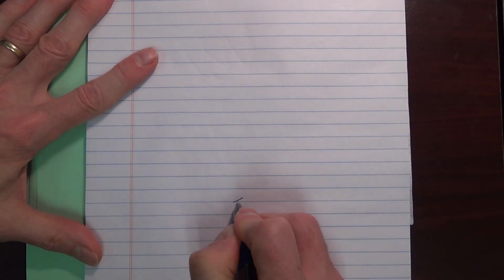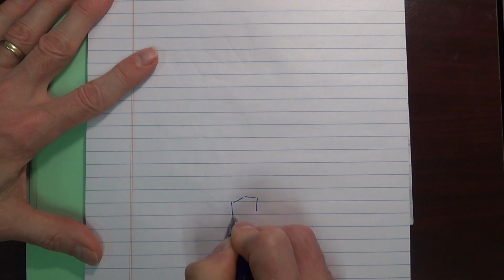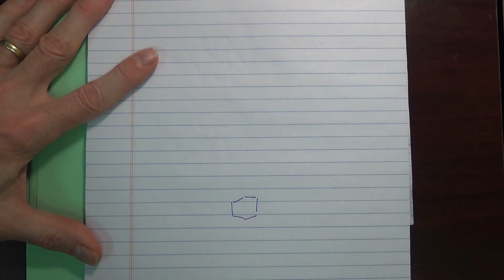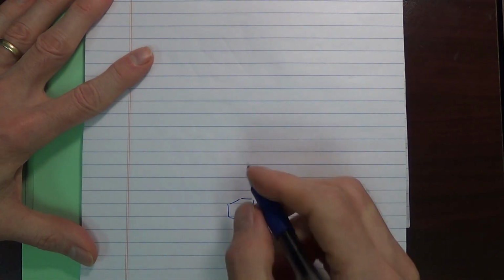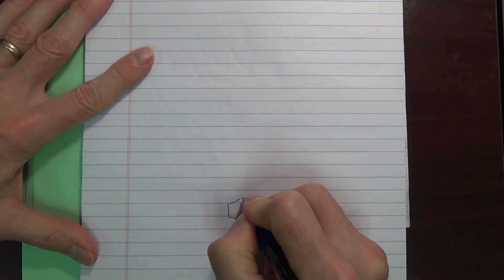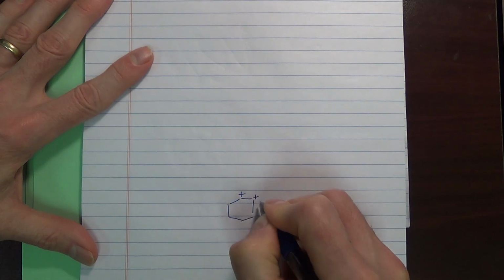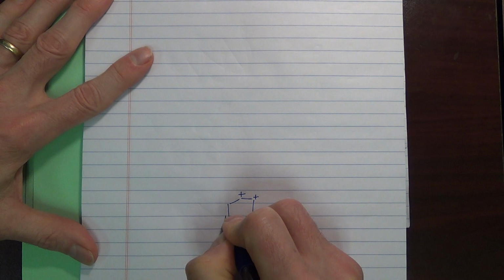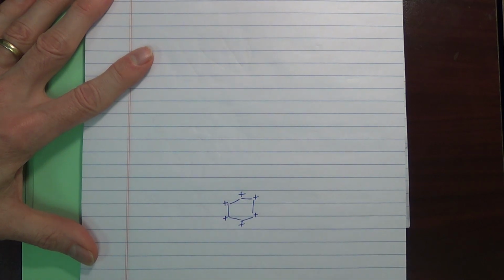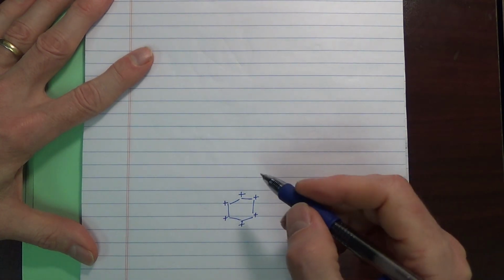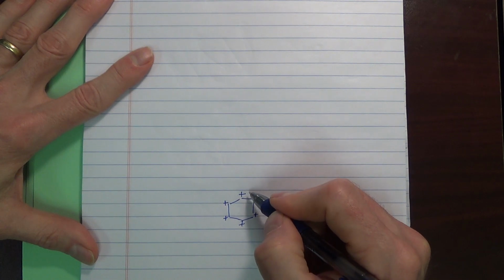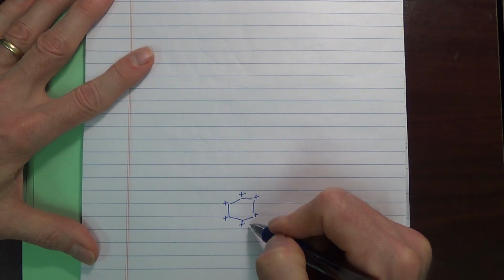I'm not going to draw the p orbitals. We're just going to do the phase. And if we did have p orbitals here, they could interact all in phase, and I'll show that like this. And so there's interaction between every one.